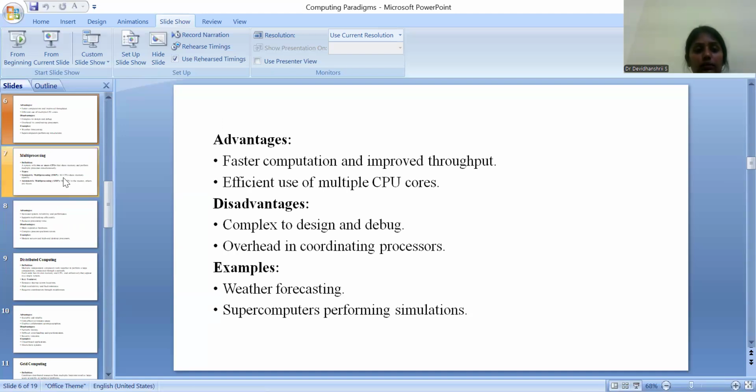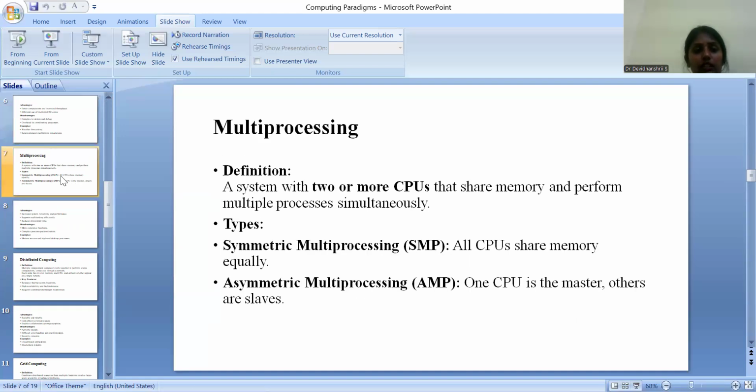The next one is multiprocessing. Multiprocessing is a system which has two or more CPUs that share memory and perform multiple processes simultaneously. We have two types: symmetric and asymmetric.